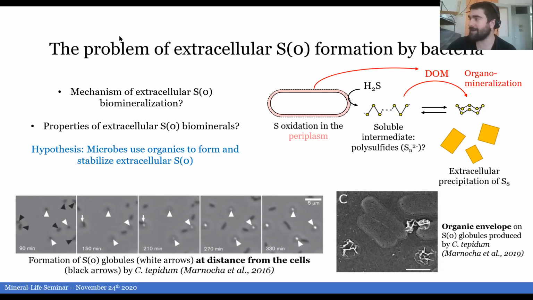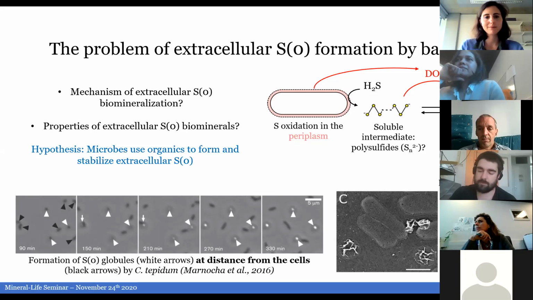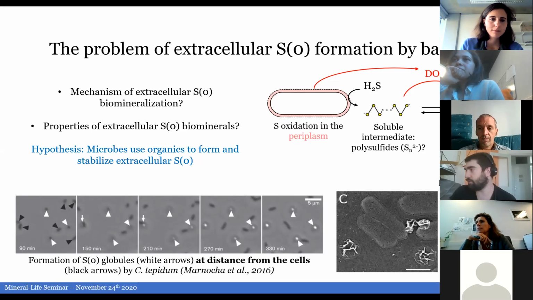I think my question is quite naive, and I'm not sure somebody hasn't asked it. But when you talked about the cycle, you say some microorganisms use S0, and in your chain there are two kinds of microorganisms: the ones that use S0 to form sulfate, and the ones that use it to form H2S.